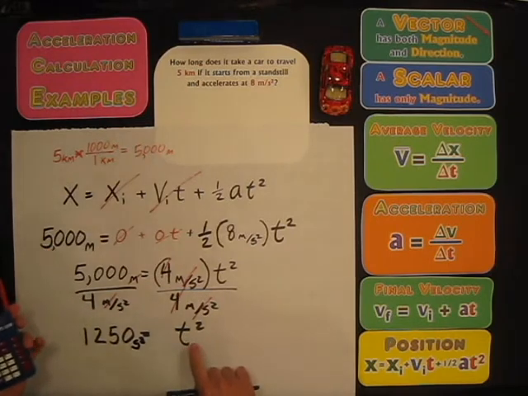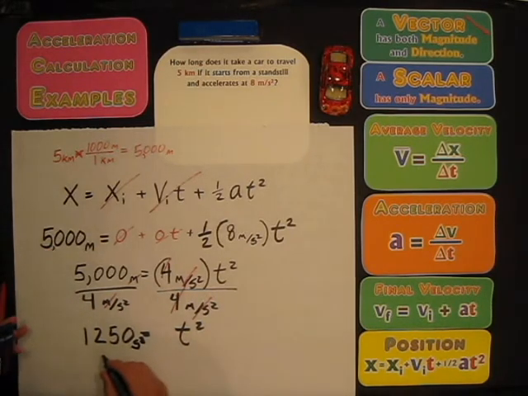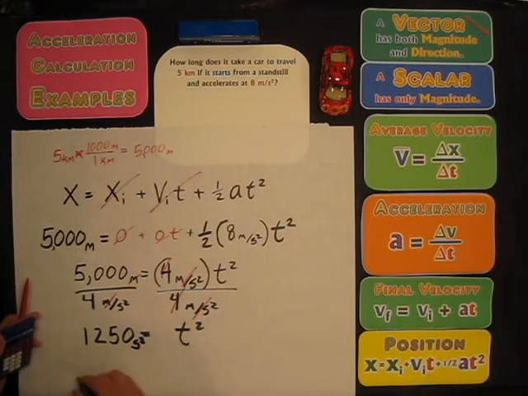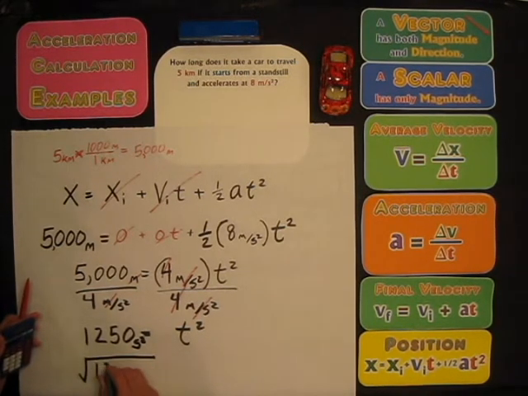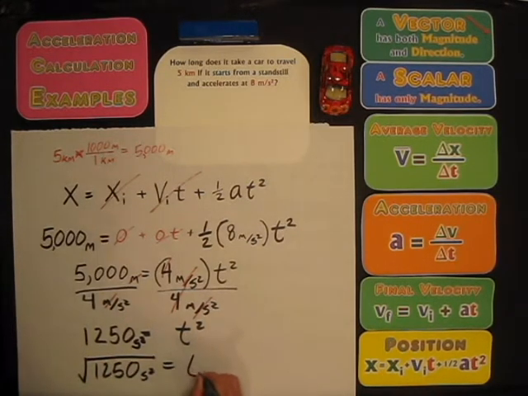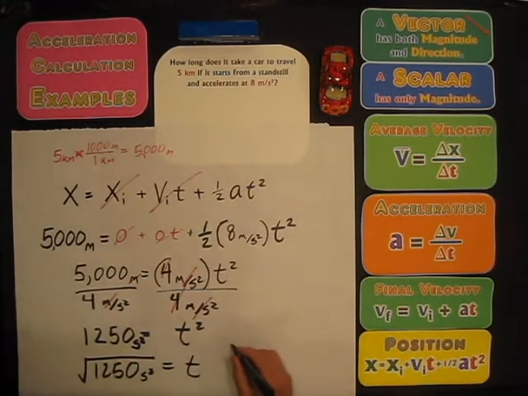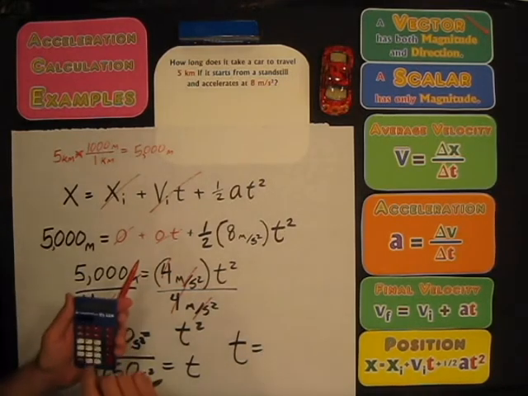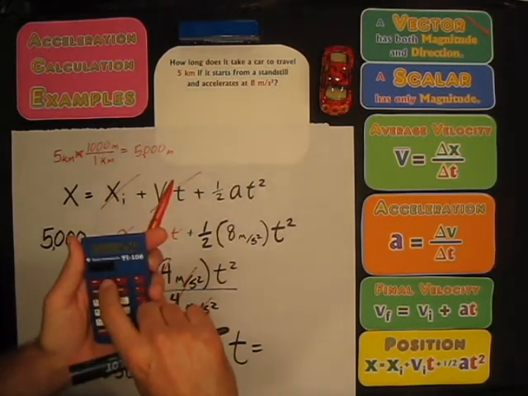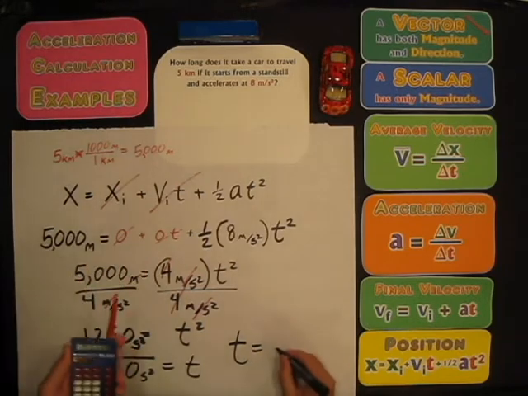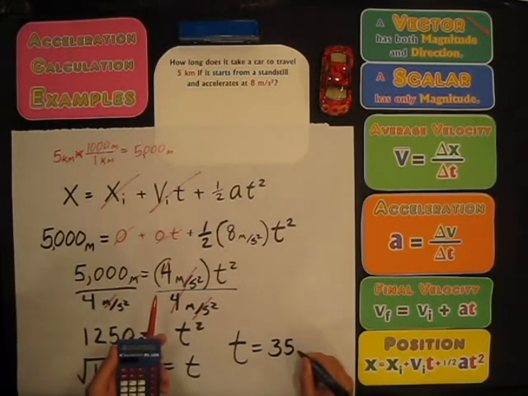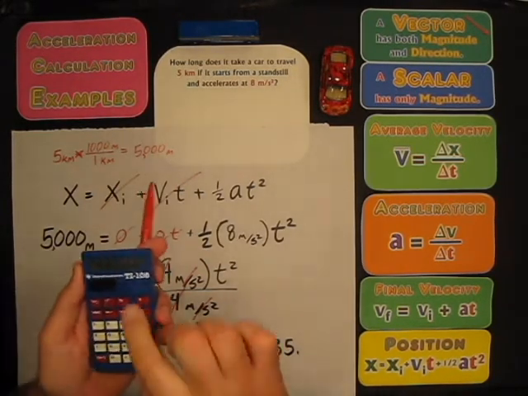And then the last thing I have to do is to solve for t. I have to take the square root. I'm running out of room here. I'm going to write the square root of 1,250 seconds squared equals t. And then let's write it over here. t equals, when I take the square root function, there's that little square root radical, I get 35 point, and then you don't want to keep all of these digits.